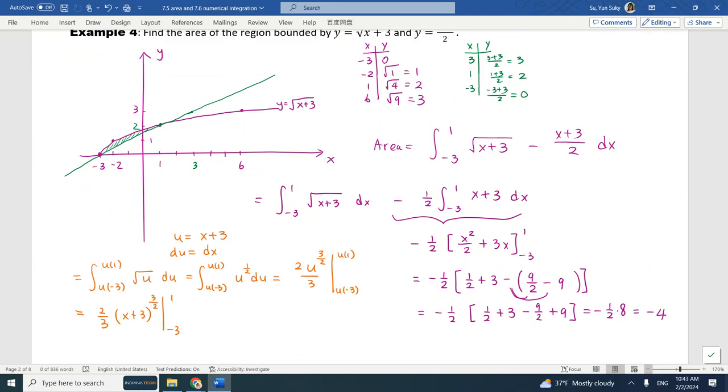So we plug in 1 first. So 2 over 3 times, we plug in 1, we get 1 plus 3 to the 3/2. Yes, everybody? Minus, we plug in -3. Let's wait until everybody gets to this step.